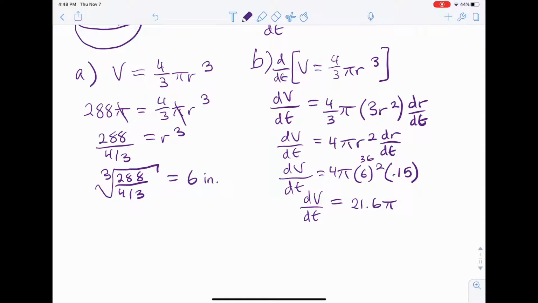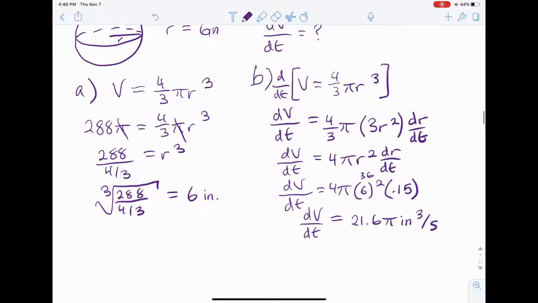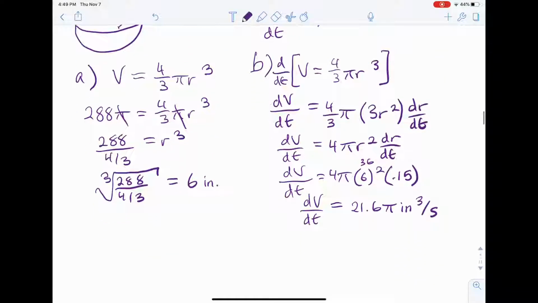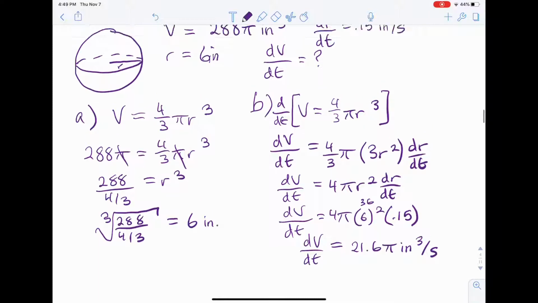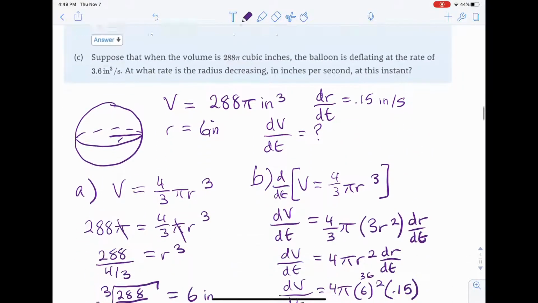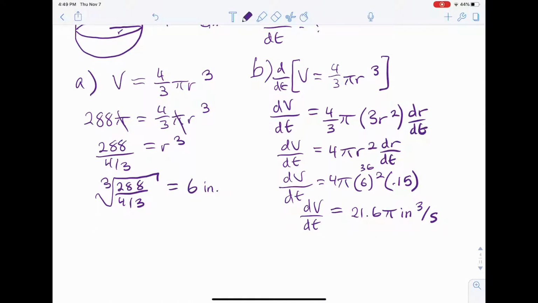And our units would be, since we're finding volume, inches cubed per second. Since it's volume, and they gave it to us in inches cubed, when we have increasing volume, it's always going to be inches cubed.